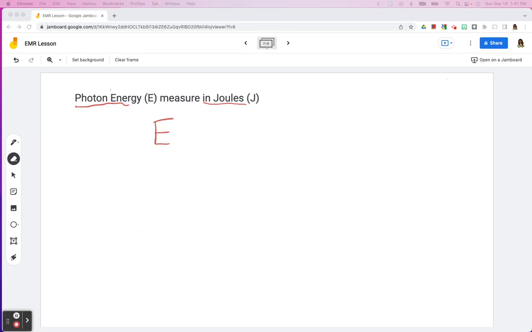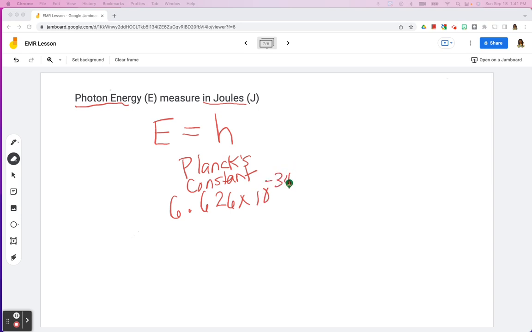So the photon energy equation is E equals h. h is known as Planck's constant. This is another number that does not change. It will always be 6.626 times 10 to the negative 34 joule seconds.